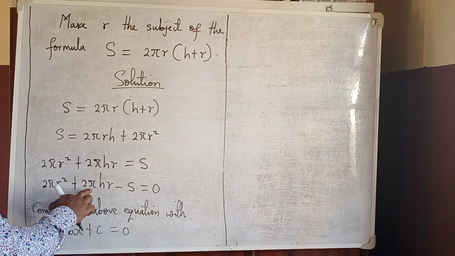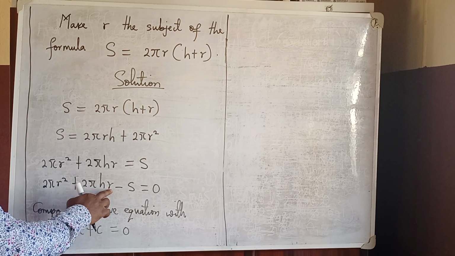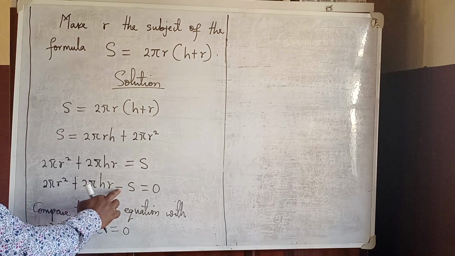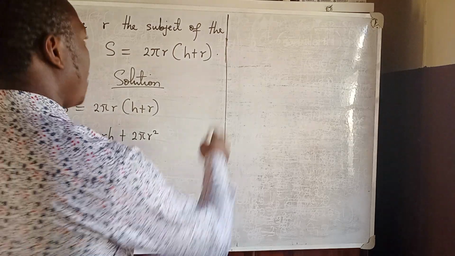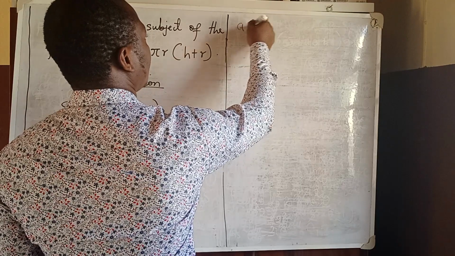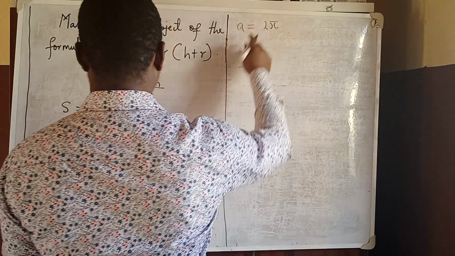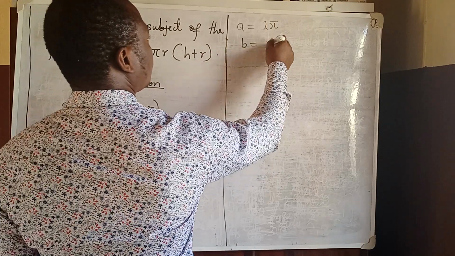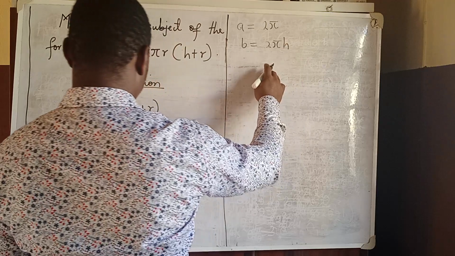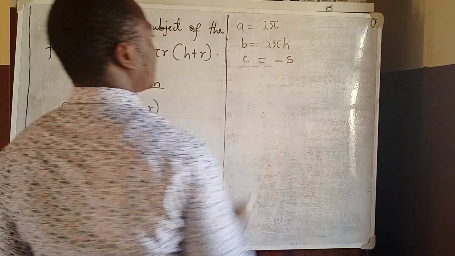Then b is this 2 pi h. Then our x is this r, while our c is this minus S. So I can say that our a is equal to 2 pi, b equals 2 pi h, and c equals minus S.